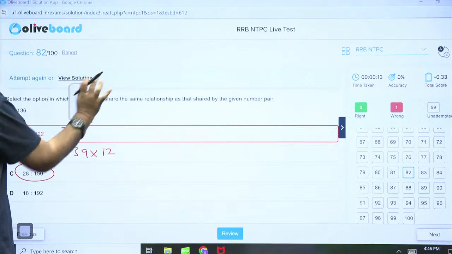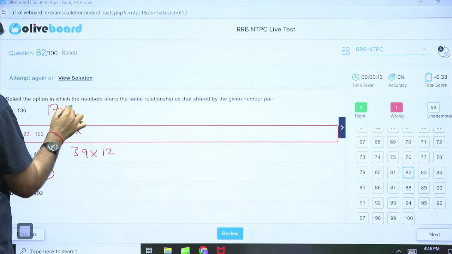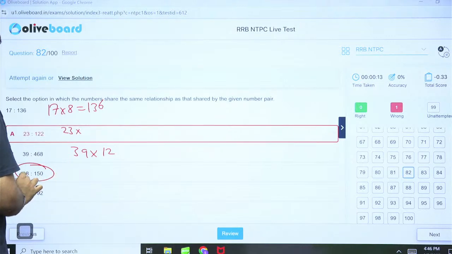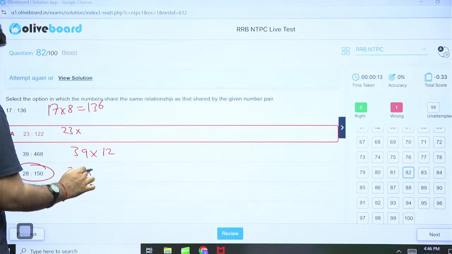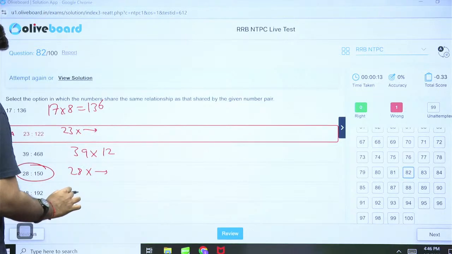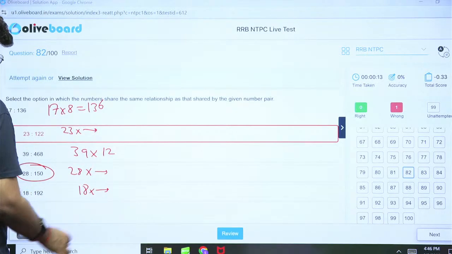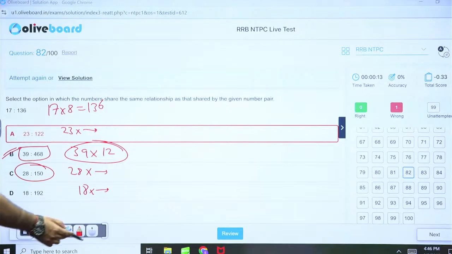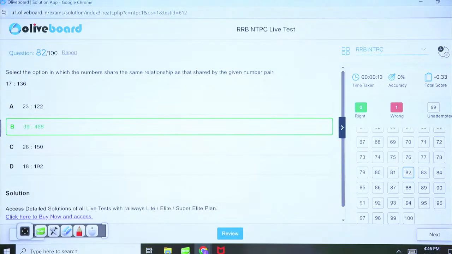I was finding for not. So 28 is also not a multiple of 150. And 18 is also not a multiple of 192. Is it? Yeah. It's not. Only 39 and 468 are the correct answer. Sorry. Option B is the right answer.